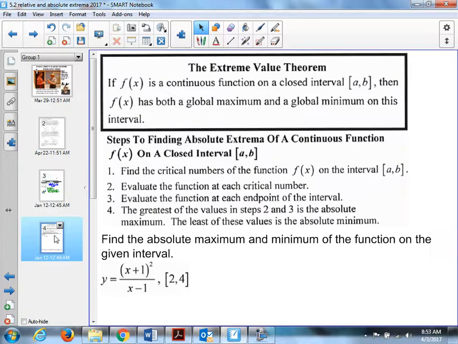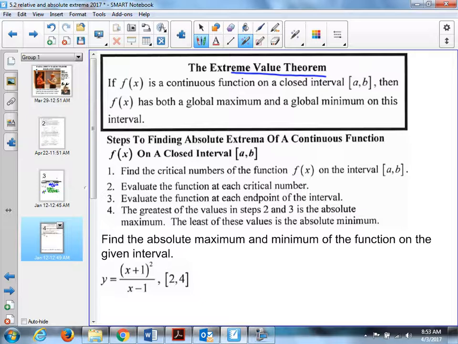So you're thinking, what do we got to do with all this stuff? Here we go. The extreme value theorem. Kind of got 2 rules in a row here. It's a lot to take in. I just did it because it fits well on the page. We'll work through some.